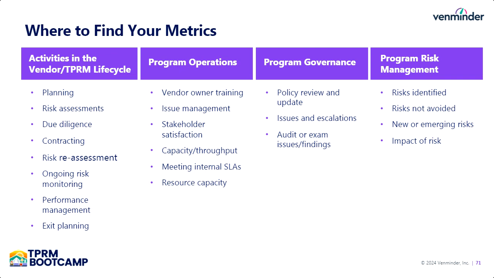Is ongoing risk monitoring occurring? Do you have performance management happening at regular intervals, et cetera? You can look at program operations and program governance for metrics, as well as larger risk management metrics. So were we able to identify risk? Were we able to lower the impacts of risk? Do we have new and emerging risks?